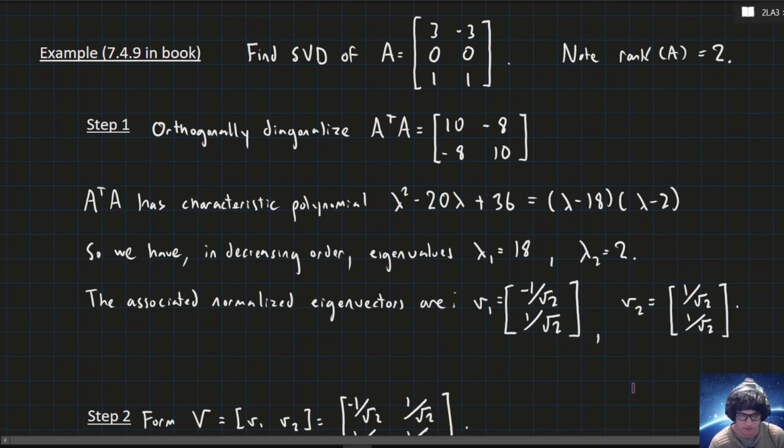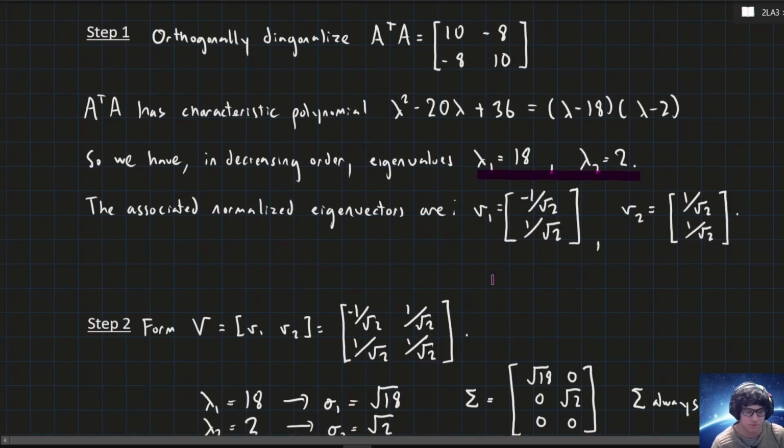The associated normalized eigenvectors for these 2 eigenvalues, you can check, are written here. So that's the first step. We found our V's, and we have the information to find our sigmas from these 2.